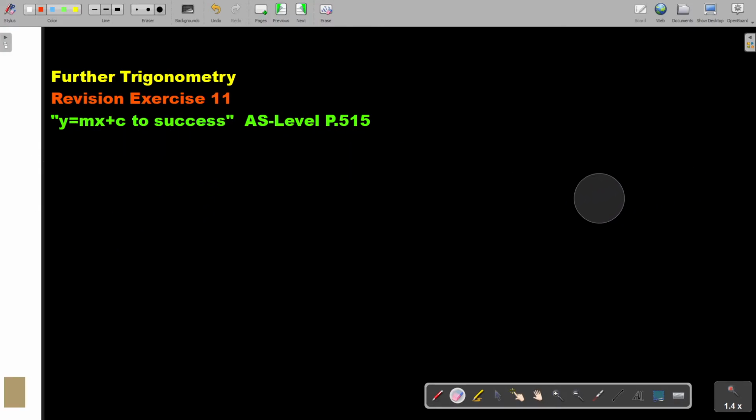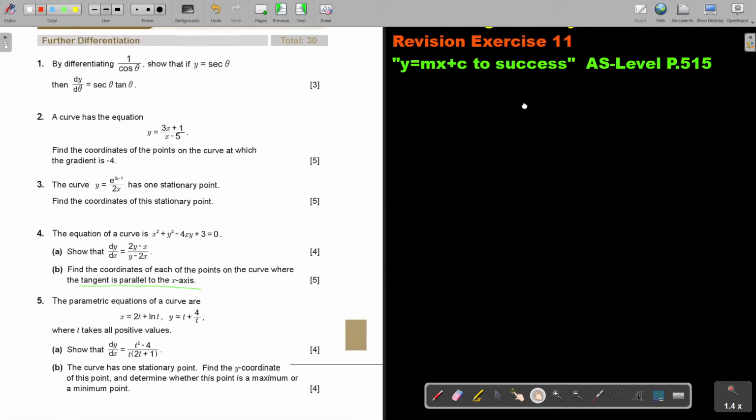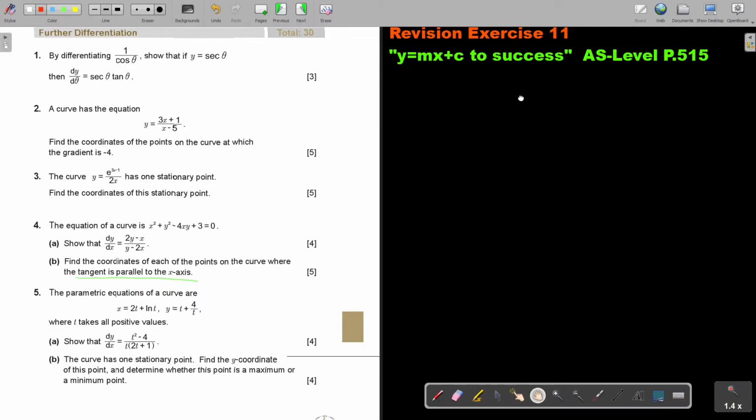Okay, there's my space. Let's start with number 5. Now I want you to take note of number 5, and on the previous page 514, example 42. This was a very good example to see that it's actually the same equations, but just asked a little bit differently.